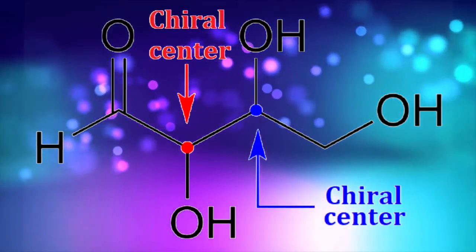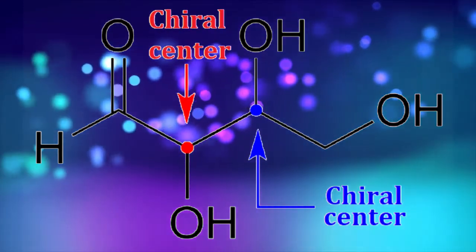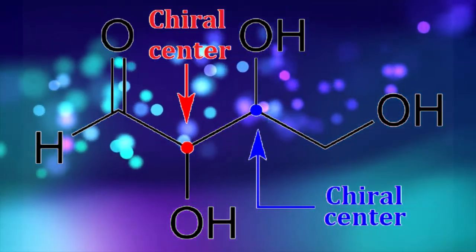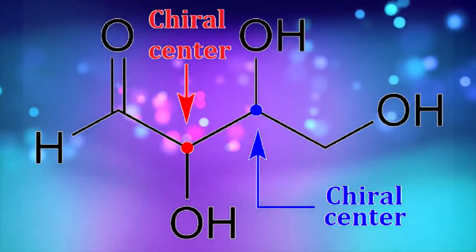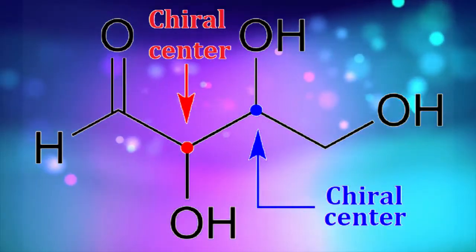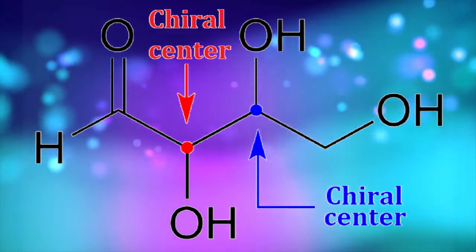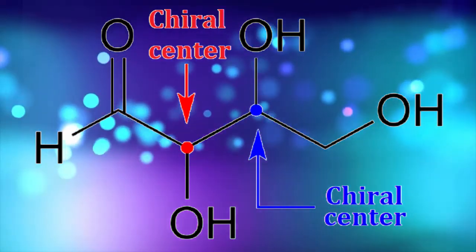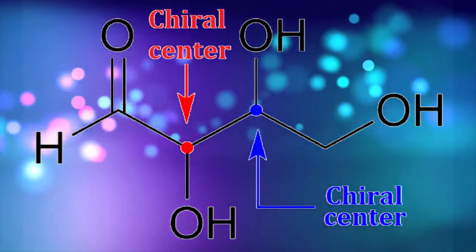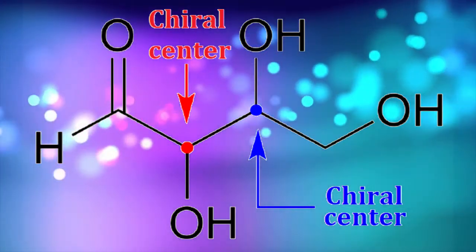Now let us consider the next carbon, that is the blue carbon just next to the red carbon. If you see the screen, at the top side it has OH, and at the right hand side it has CH2OH. At the left it has the OH, CH2, CHO group, and the fourth group is hydrogen, okay.